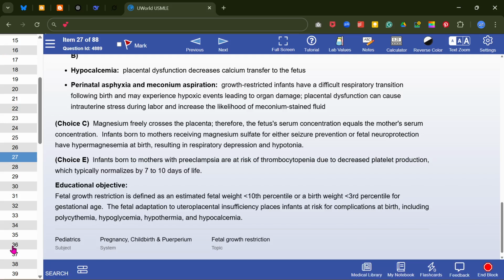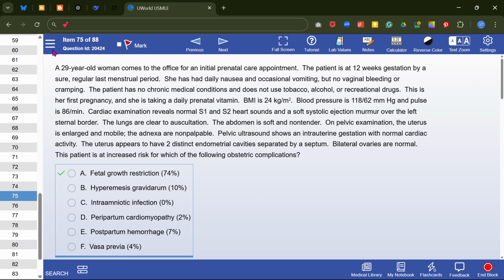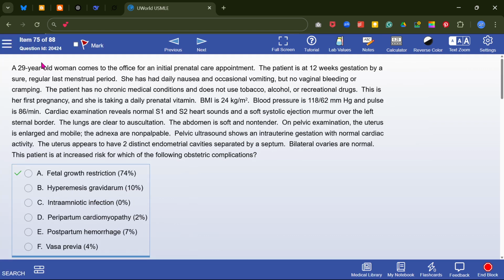Okay, last but not least, let's look at the last question on this topic of fetal growth restriction. This is a 29-year-old woman at her initial prenatal care appointment at 12 weeks of gestation with nausea and vomiting, and BMI looks normal.